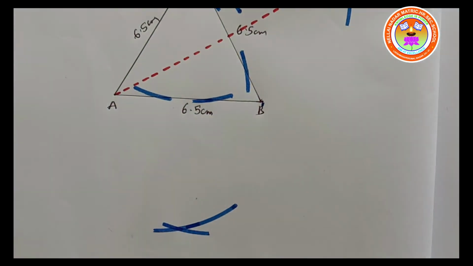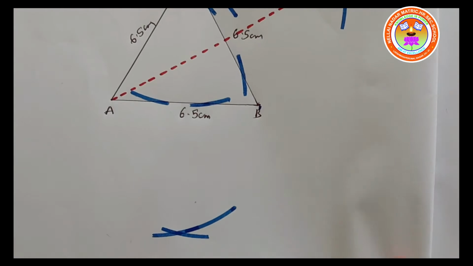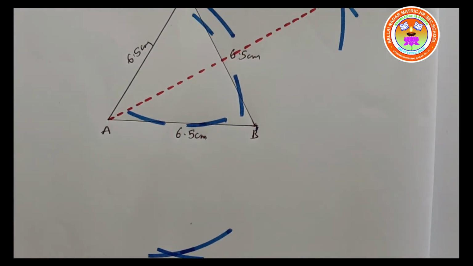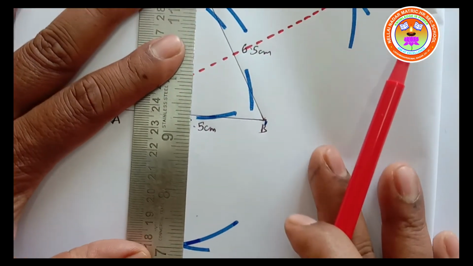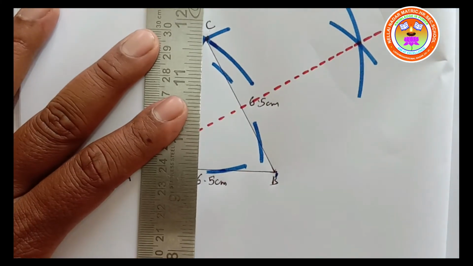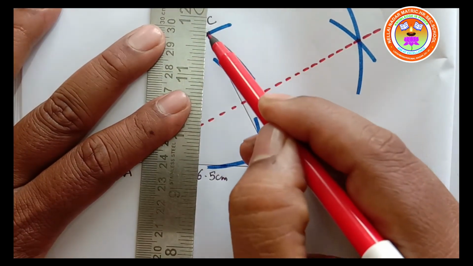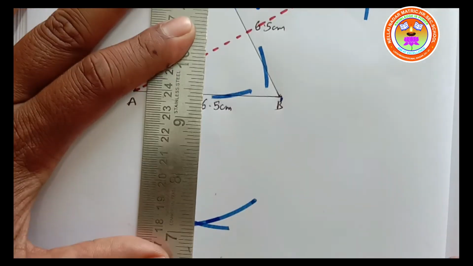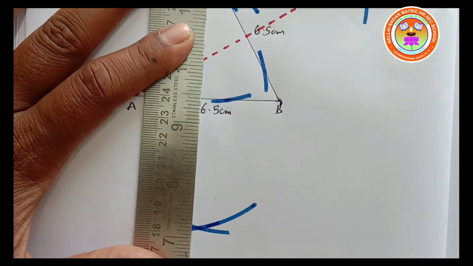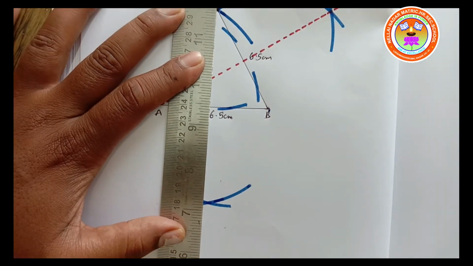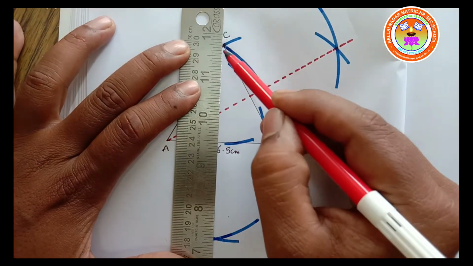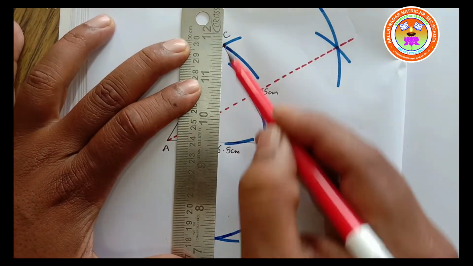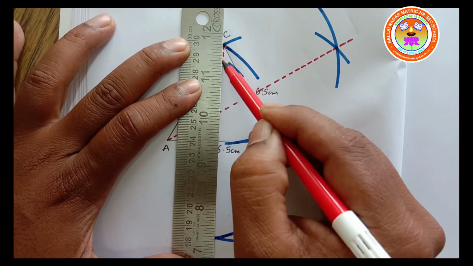Now with the help of scale, from this point to this point, draw dotted lines.